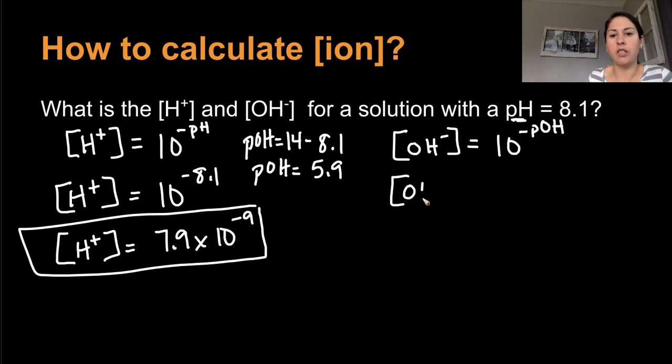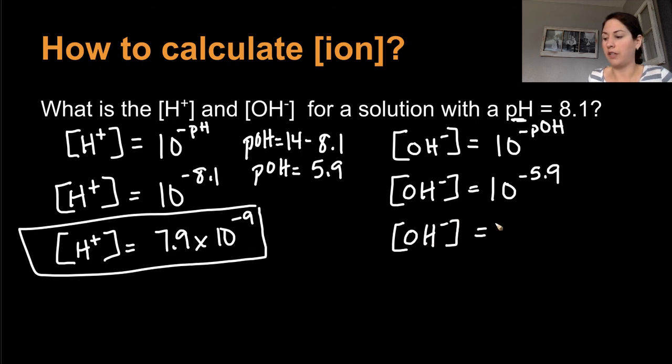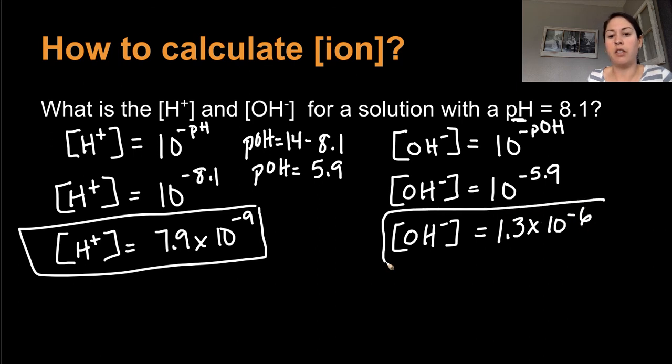So the concentration of hydroxide ions is equal to 10 to the negative 5.9. And hydroxide concentration then is going to be 1.3 times 10 to the negative 6th. And those are my answers right there. So I hope that was helpful, and we'll try more of these when we get to class.